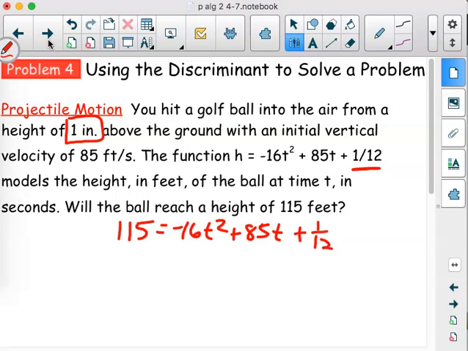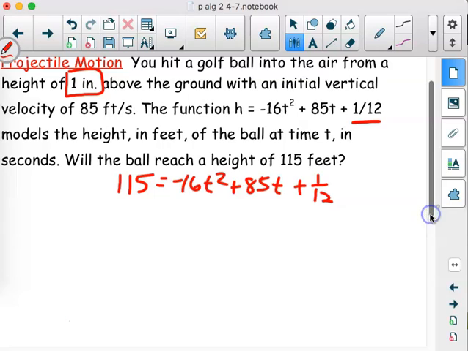Now notice, it didn't say when will the ball reach. It's asking us, will it reach a height of 115? So this isn't ready to go. There's something we have to do with this before we can put it into b squared minus 4ac. What do we have to do? Subtract all. We do. We'll get another little fraction over there.